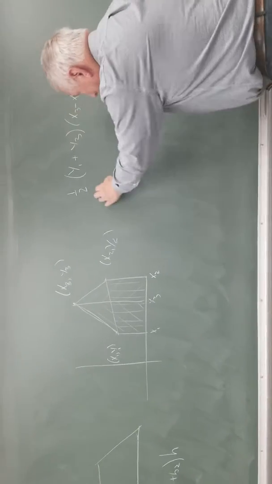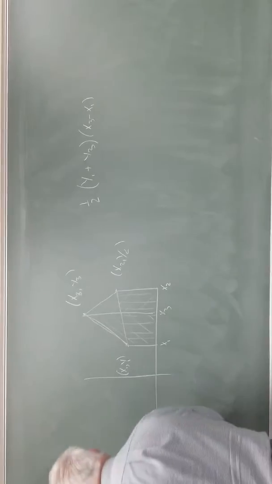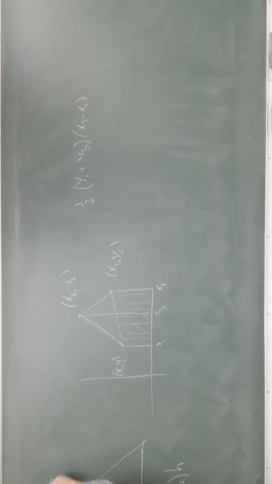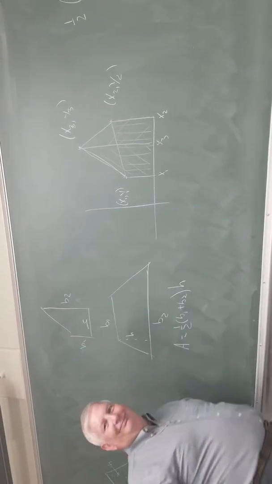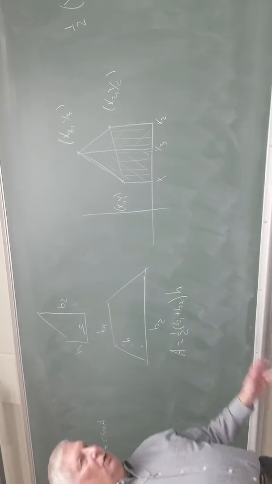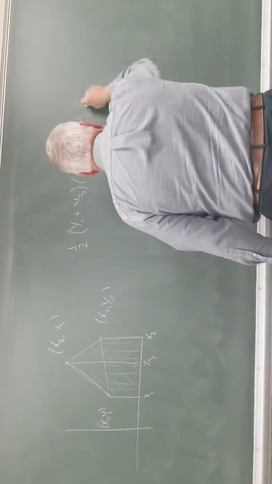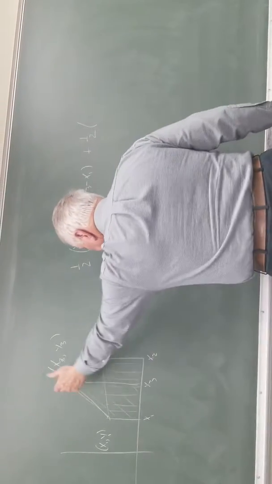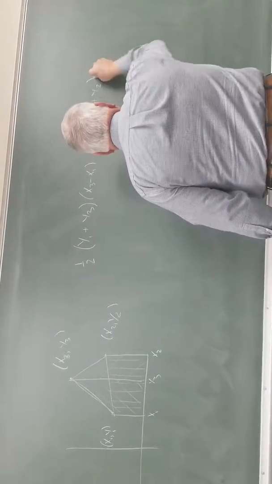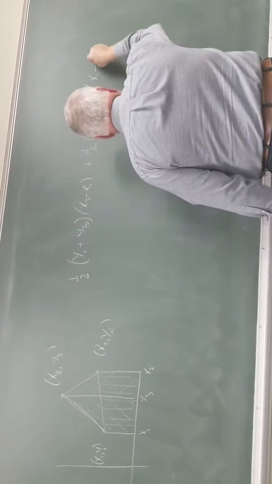So we have 1/2 the sum of the bases times the height, because we're looking at the trapezoid not in this direction, we're looking at the trapezoid in this direction, B1, B2, H. So we have the tall trapezoid on the left, plus the tall trapezoid on the right, which is plus 1/2 of Y3 plus Y2 times X2 minus X3.